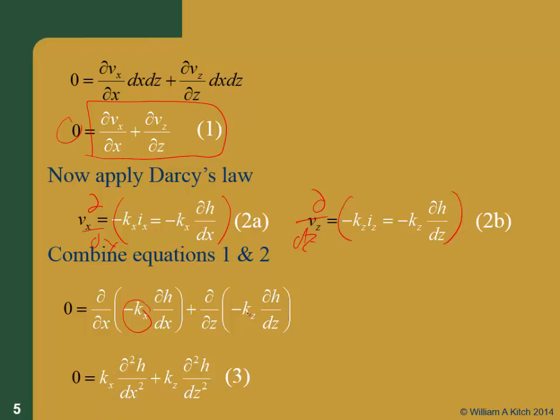The minus signs can go away because I've got a 0 on the other side. And I'm just going to have this very, very simple equation: the second partial of h with respect to x times the hydraulic conductivity in the x direction plus the second partial of h with respect to z times the hydraulic conductivity in the z direction is equal to 0.